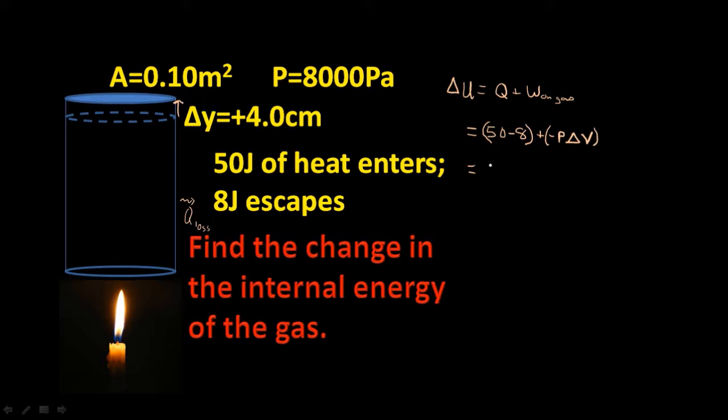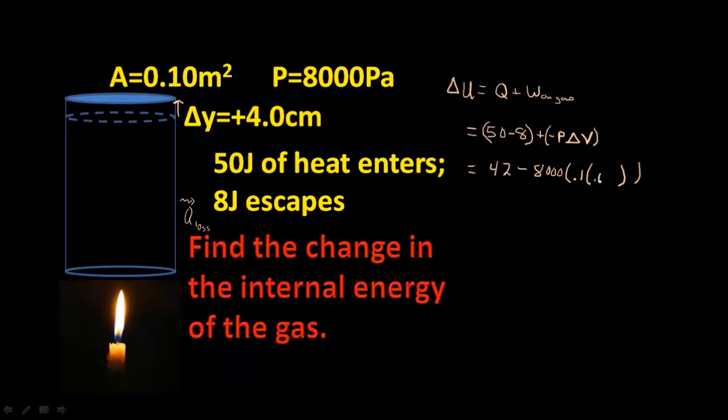And so this is going to be 42 minus the pressure, which is 8,000, times the change in volume. Well, how do you find the volume of a cylinder? That's pretty straightforward. The volume is the area of the base times the height. And so the area of the base is 0.1 times the height. That's 4 centimeters, that's 4/100ths of a meter.